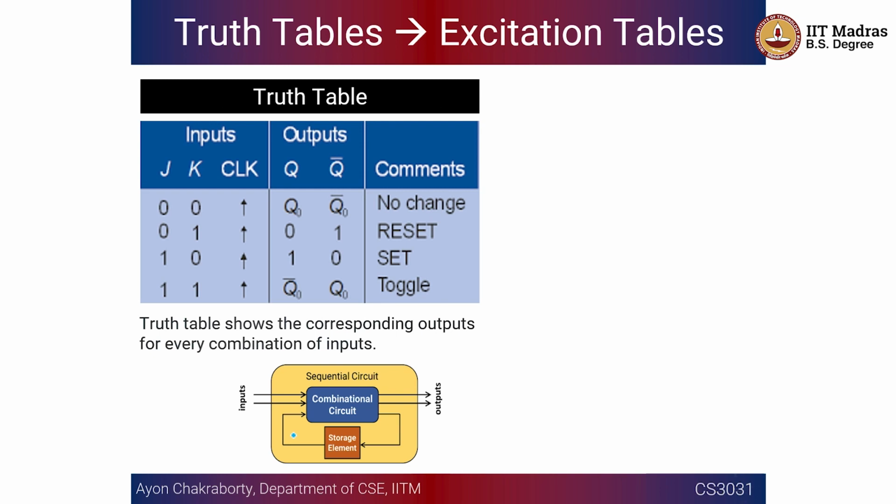And in case of a sequential circuit, that is not the case. So we need to look into other strategies to analyze the behavior of the circuits. In case of a sequential circuit, we have a temporal dependency. For example, when we talked about the definitions of sequential circuit, we gave you an example of a counter circuit. A counter circuit is going to count from some low value to high value if it is an up counter.